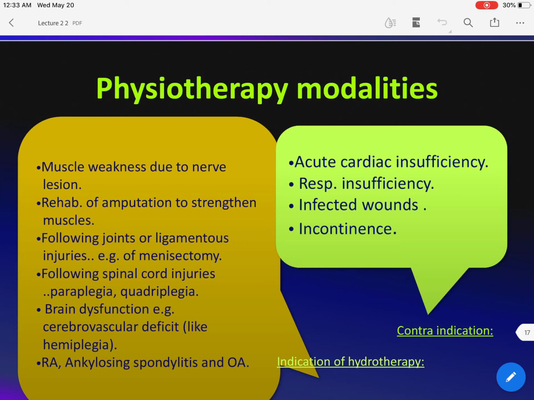Contraindications of hydrotherapy are cardiac insufficiency, respiratory insufficiency, infected wounds, and incontinence.